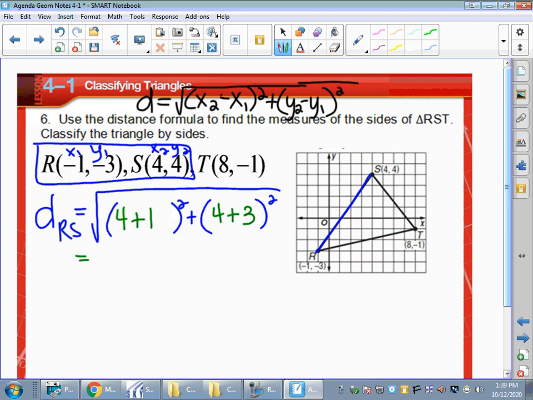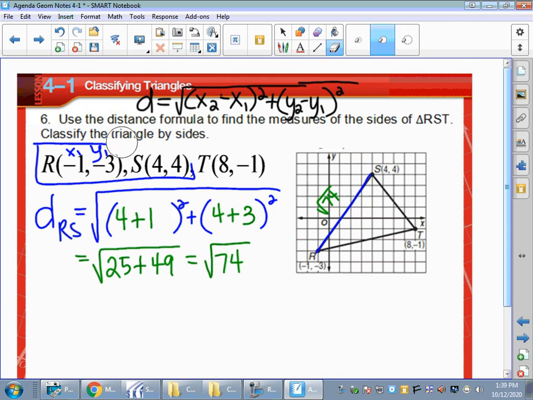That's got to be equal to, what is that? 5 squared is 25. 7 squared is 49. So side RS is equal to the square root of 74. Now I could go to my calculator. That's probably going to be an 8 point something. I'm just going to leave 74 because if something else comes up as a square root of 74, I'll know that they're the same length. If you prefer a decimal, go for a decimal.